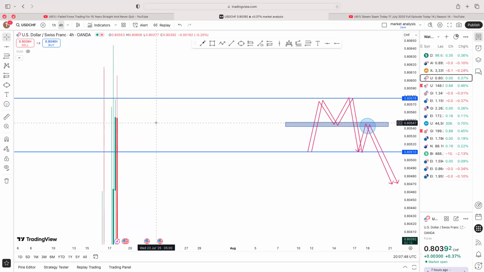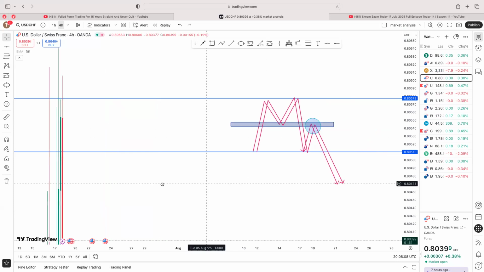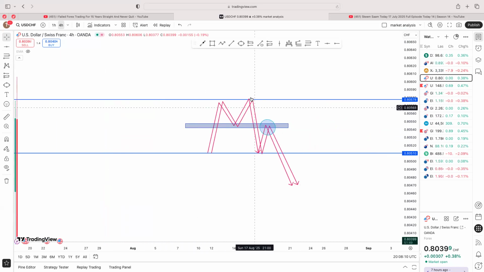I'll answer your question. I already got what you're saying. In other words, you are trying to say to me, when you trade this M pattern, you can also use the Fib retracement.